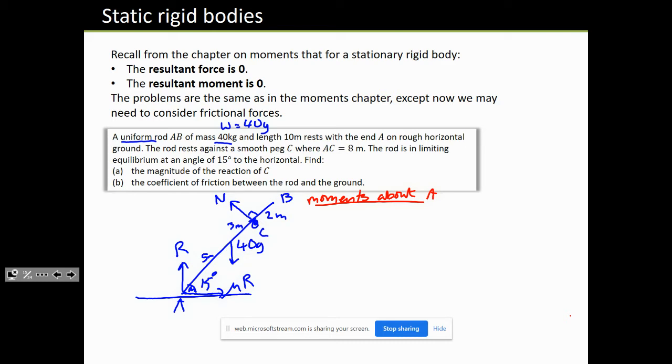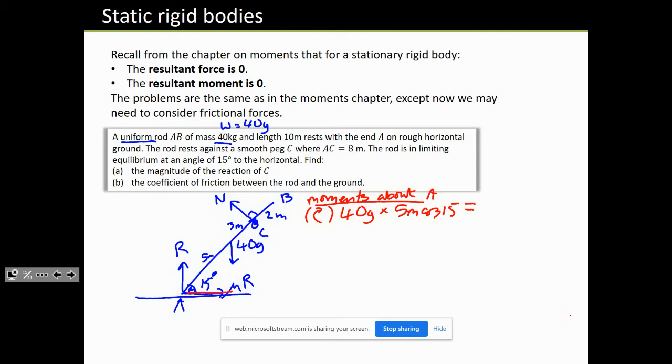And when I take moments about A, let's think about clockwise moments first. We have our 40 g multiplied by its perpendicular distance from A, which is going to be this line here, which is 5 cos 15. And then we have an anti-clockwise moment.